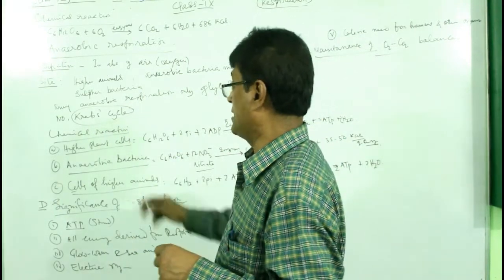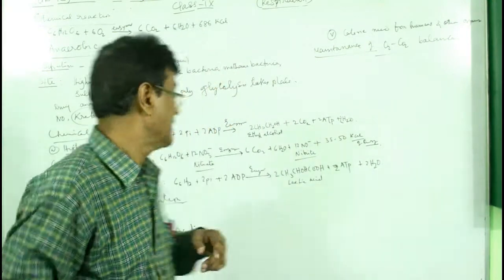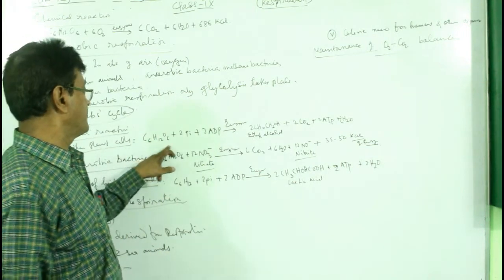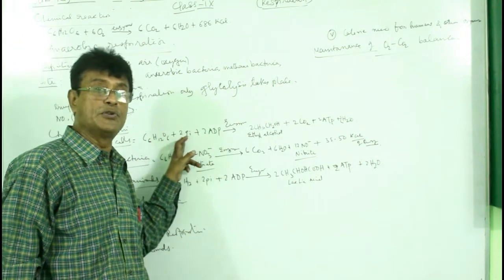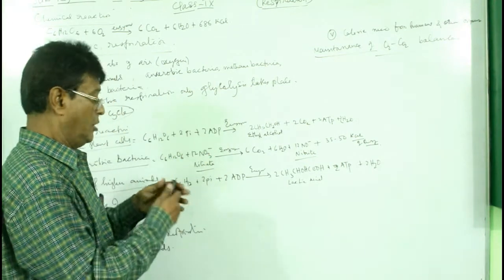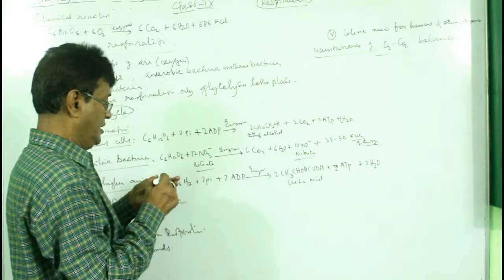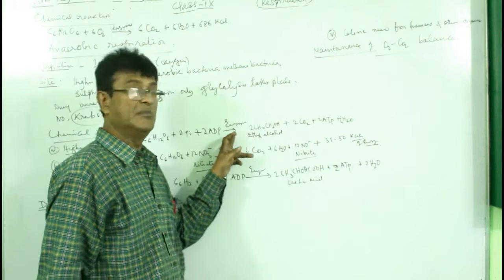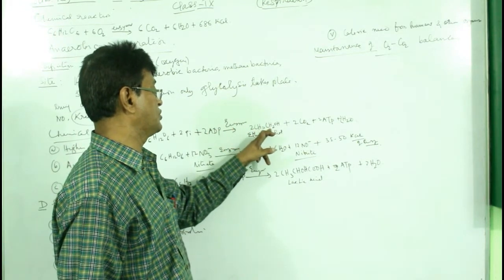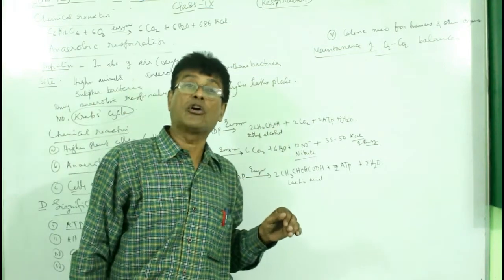Now the chemical reactions are as follows. In higher plant cells, what happens? The glucose, in presence of two inorganic phosphates and two molecules of ADP, adenosine diphosphate, in presence of the enzyme, is converted to CH3CH2OH, that means ethyl alcohol.